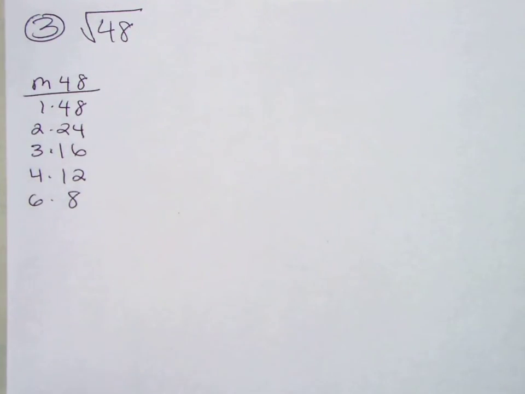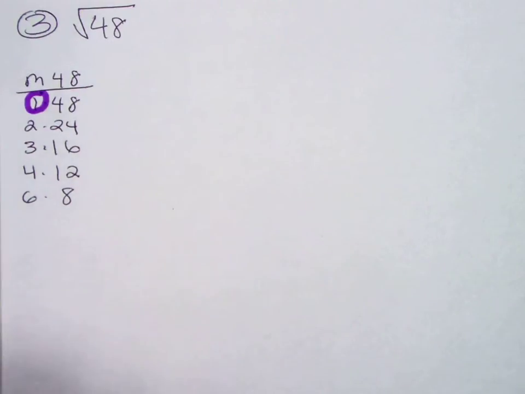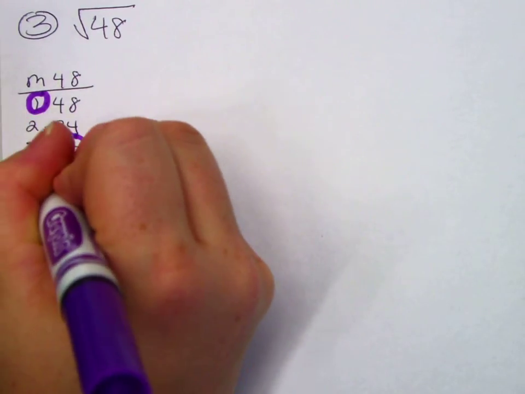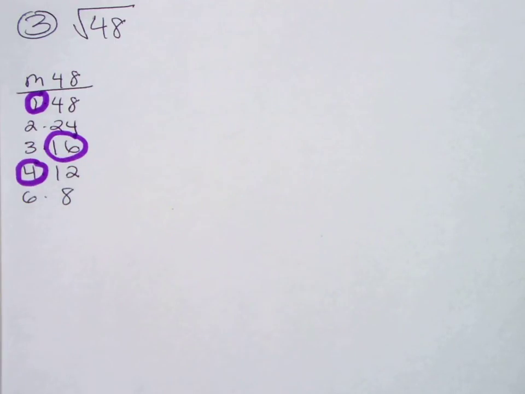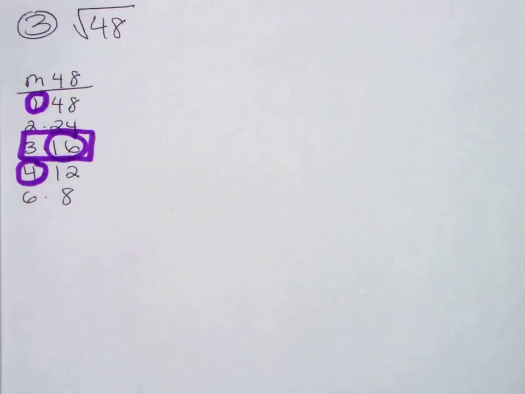Literally go through each number. Is 1 a perfect square? Yes. Is 48? No. 2, 24, 3, 16, 4, and now we're done. So which is the biggest of those 3? 16. Be careful with 16.